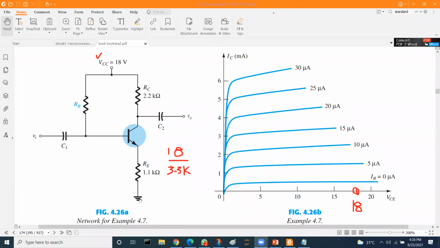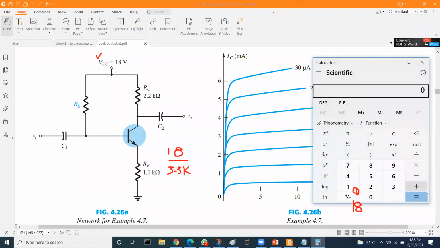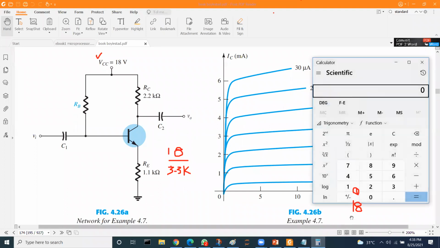So here we need a calculator. In the calculator, we just write 18 divided by 3.3. So 5.45.